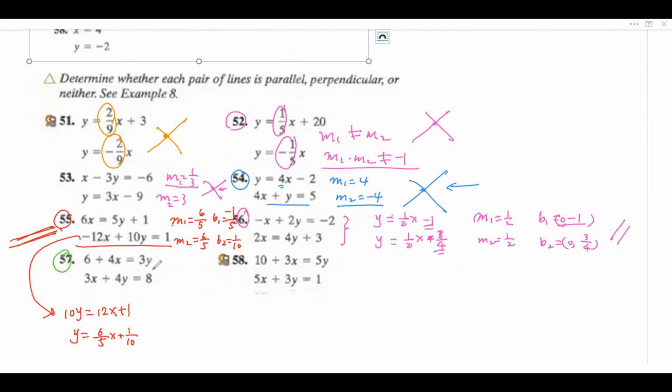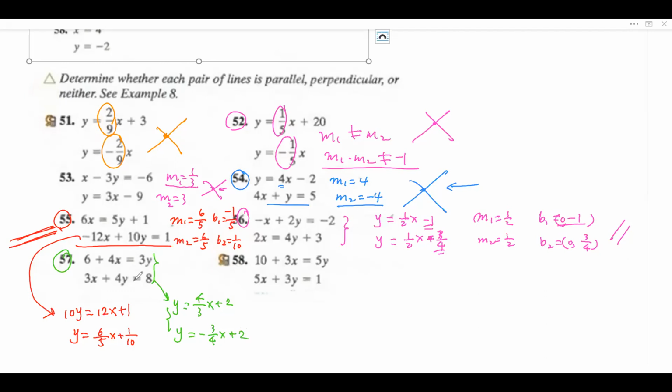57. So if not, do some proper transform. All right, so solve for y. First one is y equals, dividing both sides by 3, right. For the second one you get y equals negative 3 over 4 x plus 2.